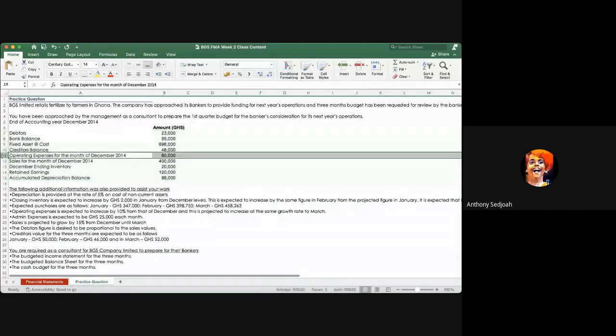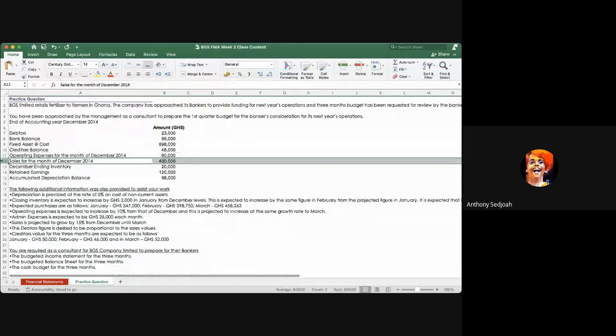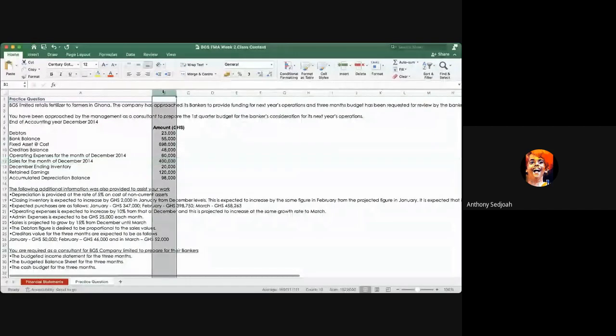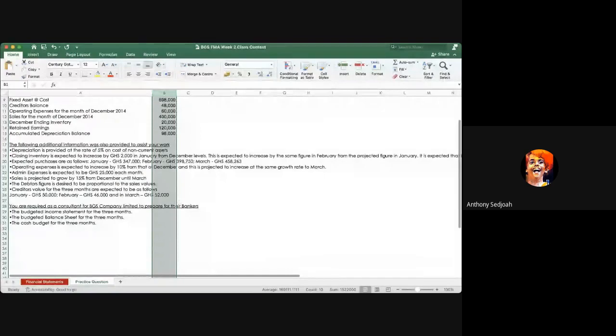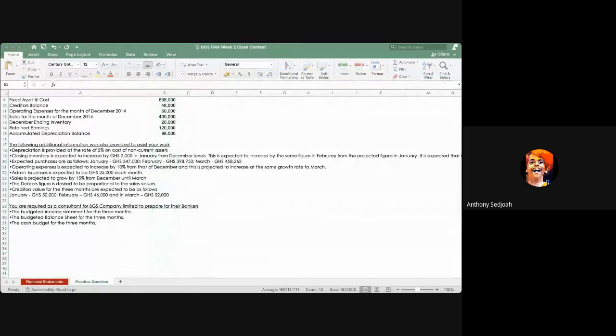You can see that the operating expenses for December 2014 was 60,000. Sales for December 2014 is 400,000. So we are going to use what has happened in December 2014 to make a forecast for the next 3 months, which is from January to March 2015. You get it up to this point? Hello, any confusion, any question?